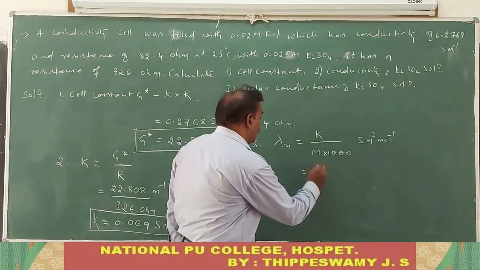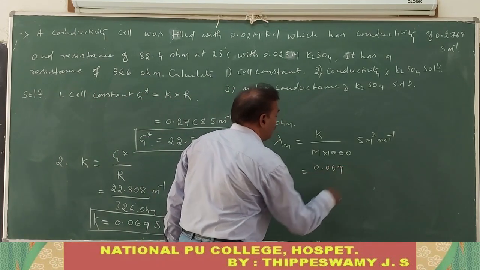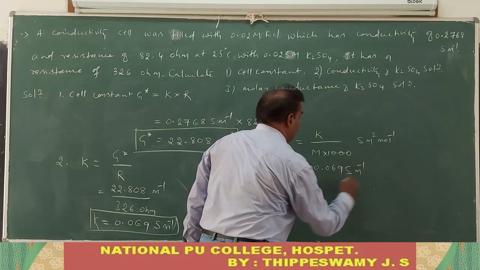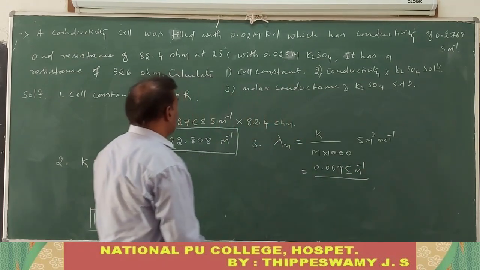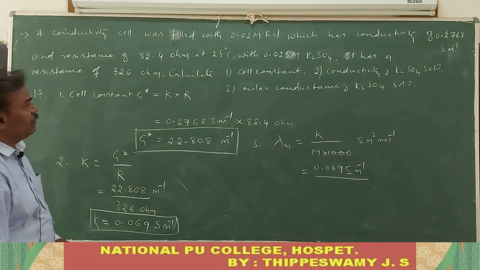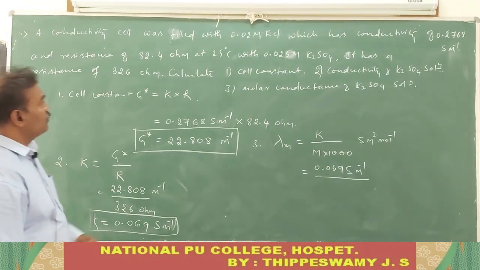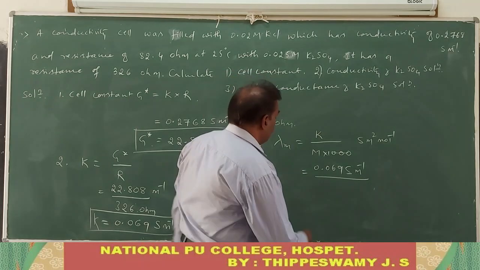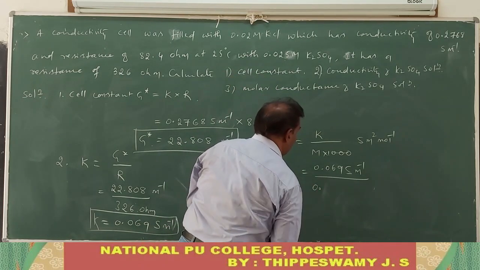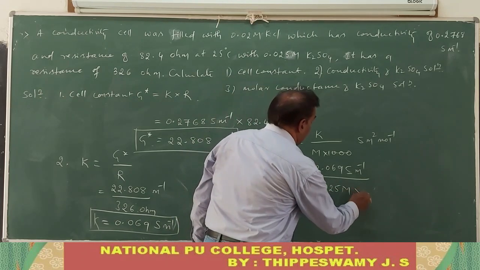Now we can substitute the values. K is 0.069 Siemens per meter divided by the concentration of the potassium sulfate given, which is 0.025 M, into 1000.